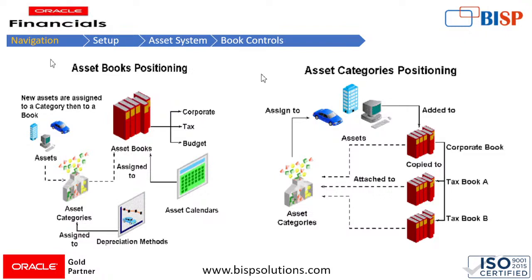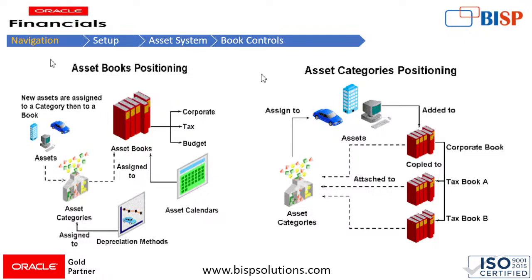You must set up your depreciation or corporate book before you add assets to them. You can set up multiple corporate books which create journal entries for different ledgers or for the same ledger. In either case, you must both run depreciation and create journal entries for each depreciation book.